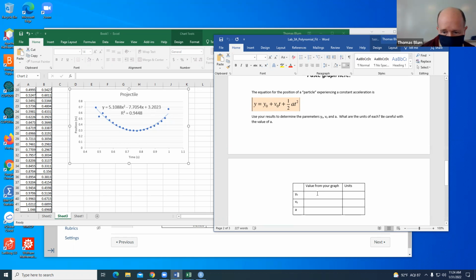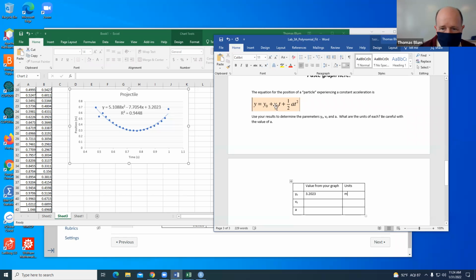So in my Excel over here, that number's the 3.2023. And that has the same units as y, because all these, I have 3 terms, but this term has to be the same as a y, and so that's meters.